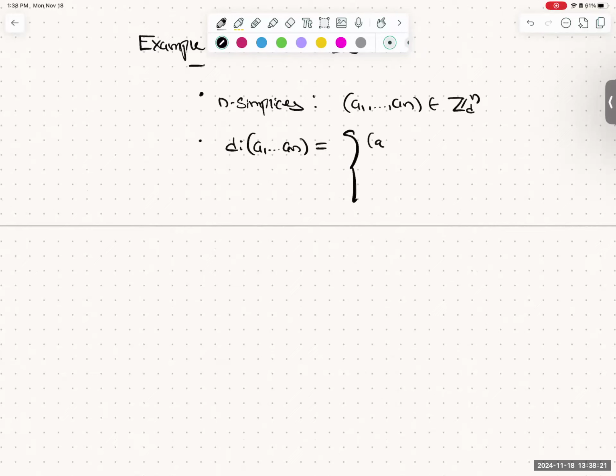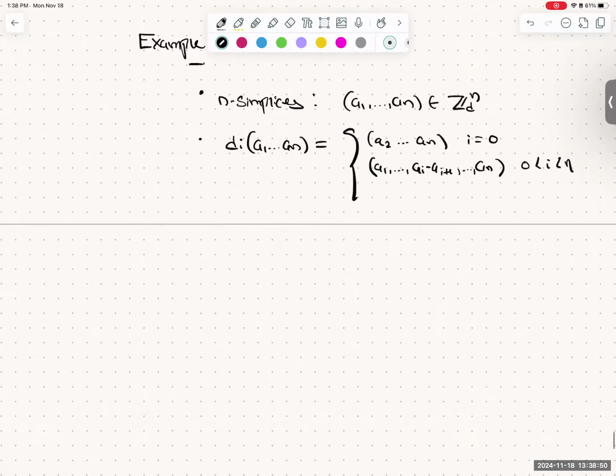If i is equal to 0, then we just delete the first one: (a_1, ..., a_n) goes to (a_2, ..., a_n). If i is between 0 and n, it is (a_1, ..., a_i + a_{i+1}, ..., a_n). And if i is equal to n, then we delete the last one: (a_1, ..., a_{n-1}).